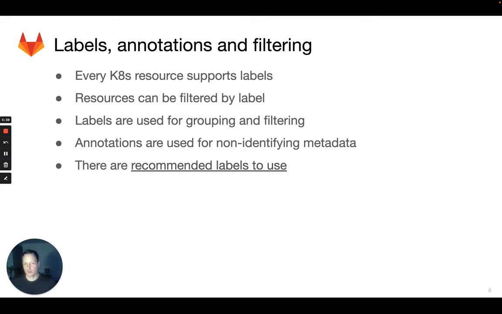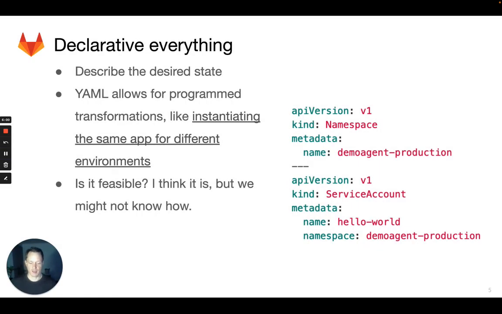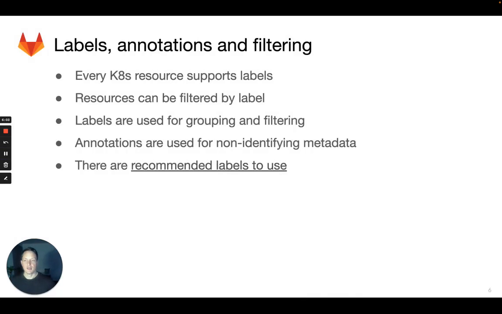This means that when someone wants to build a dashboard, for example, of course that dashboard can contain views to list all the pods or all the namespaces, but very likely it will have functionality to show the list of pods with a specific label, or even all the resources with a specific label, not just by their kind. And the kind was the namespace and the service account, if you look at it here. So labels and annotations are very important, and there are even recommended labels to use, and that already will hint at the typical format of labels.